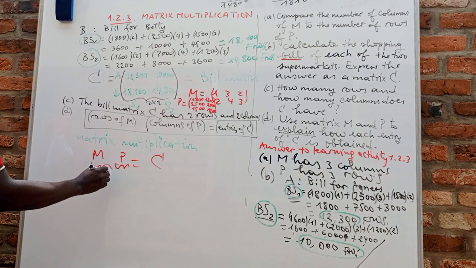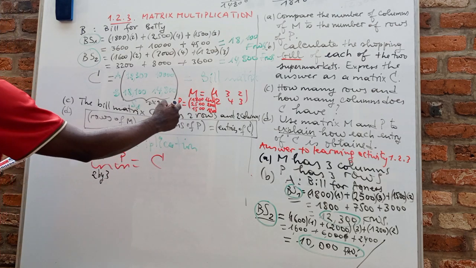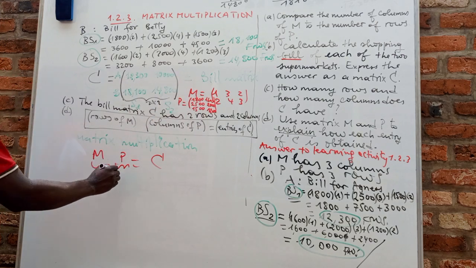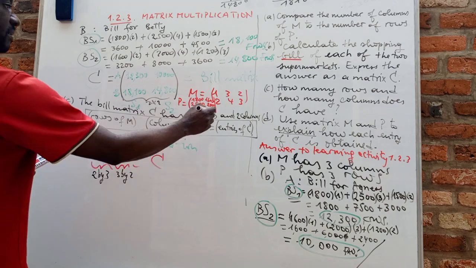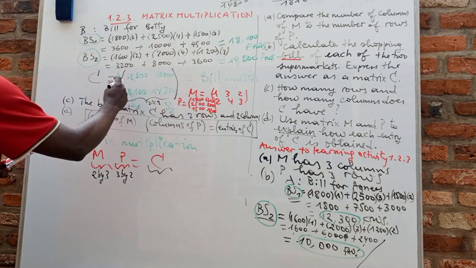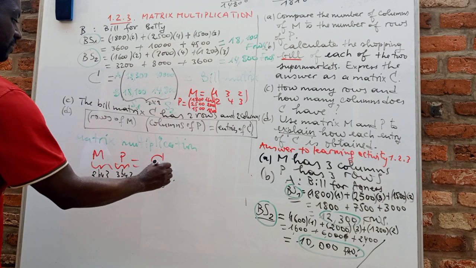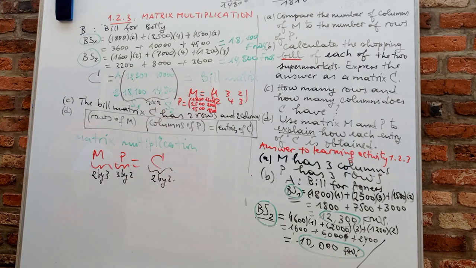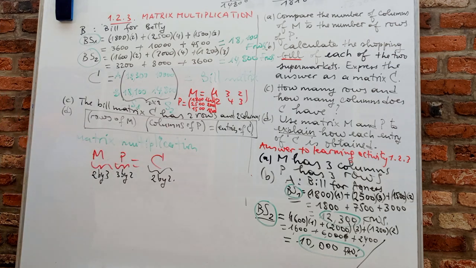The second matrix P is 3 by 2, and the result is 2 by 2. So this is how matrix multiplication works.